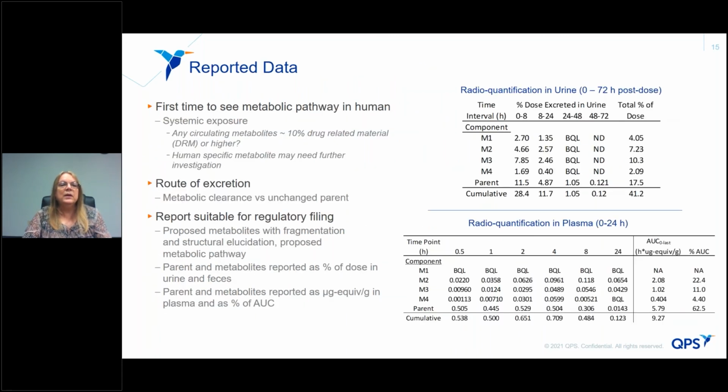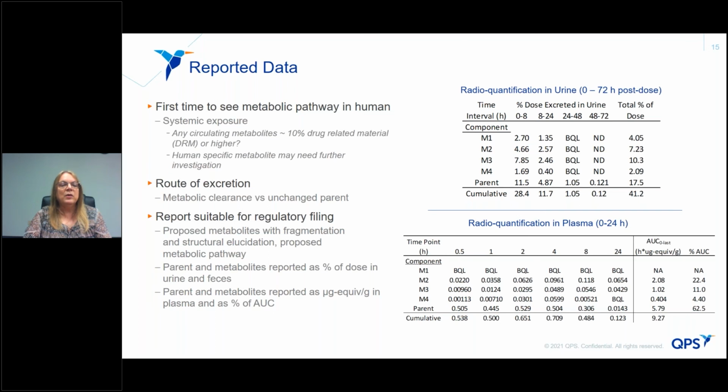The reported data, you will see 2 tables to your right. Those are typical of the data that you will get in a report. The table on the top shows the radio-quantitation in urine, and the metabolites are listed on the left-hand column going down with the parent at the bottom and the time points going across, so you can see as the metabolites are rising or falling, and the cumulative amount of % dose excreted in urine by component is listed at the bottom.